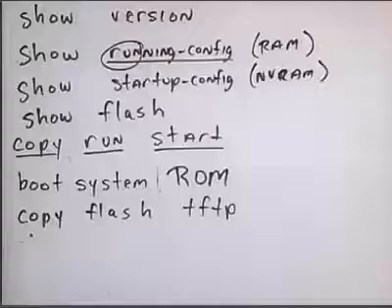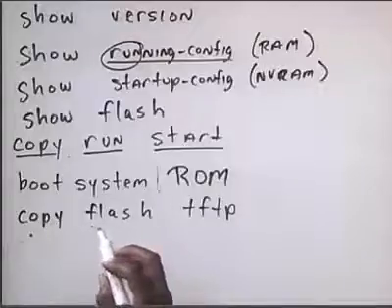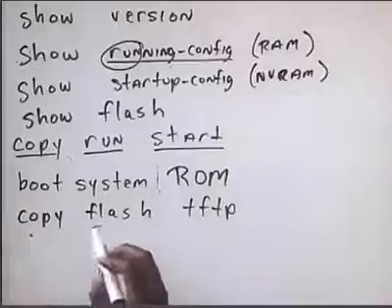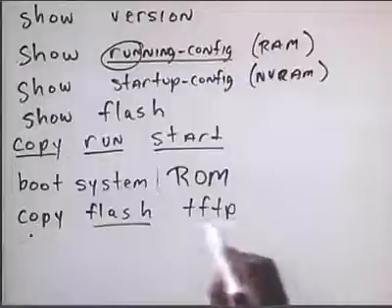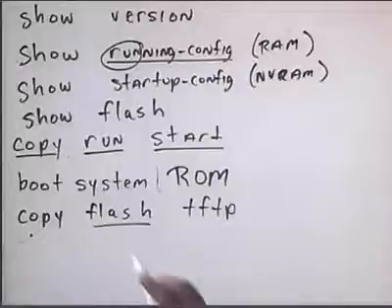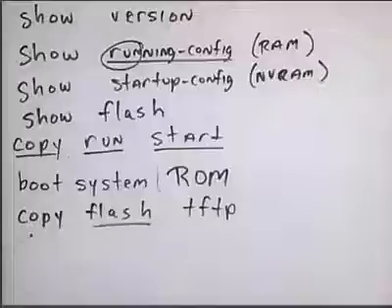To back up or upgrade your IOS image, you'll use the same syntax that we've talked about before, the copy from source to destination syntax. To back up the IOS image located in Flash, use the copy flash tftp command. The router will then prompt you for the address of the TFTP server and the file name of the file that's located in Flash.